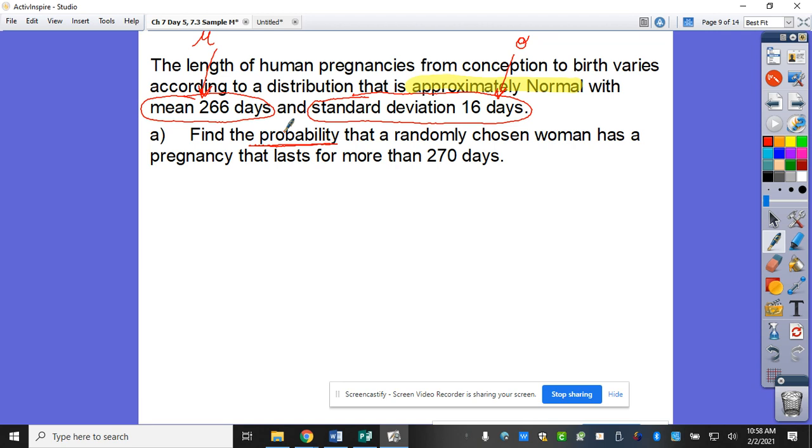Some of you right now are going to be very confused on how to do part A because of what I just did in the notes. But what we just did in part A, you could have done three chapters ago. So I want to find a probability. What am I finding the probability of? Tell me what to write right here.